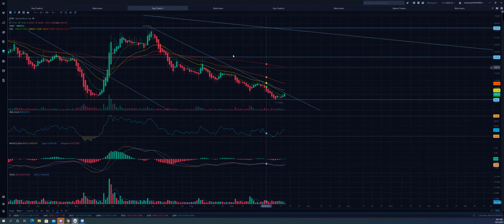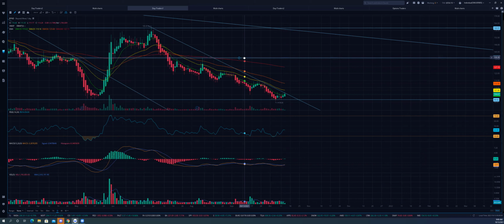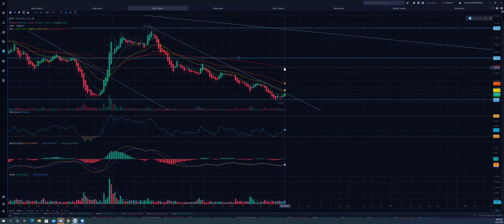Now, let's pull this down just a little bit right here. You saw this spike that we had here from 121 up to almost 140. Why is my line not coming down? Okay, there we go. This is resistance right here. So we know that there's resistance. Well, once we break this 200 EMA right here at 127, and you enter at 127.5, your first price target is 135, this area right here.